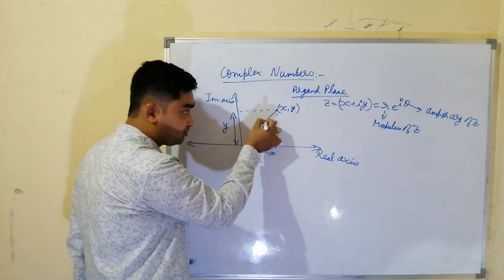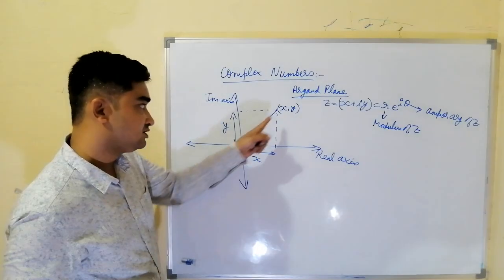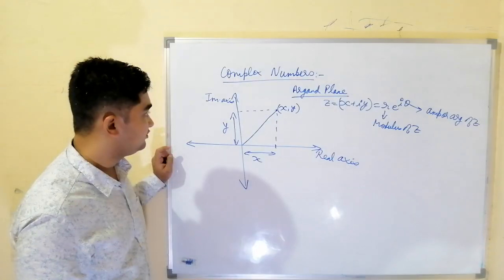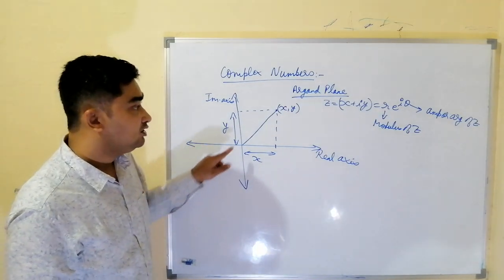Let us join this complex number, which is a point, to the origin. The origin is (0, 0), where the real part is 0 and the imaginary part is also 0.